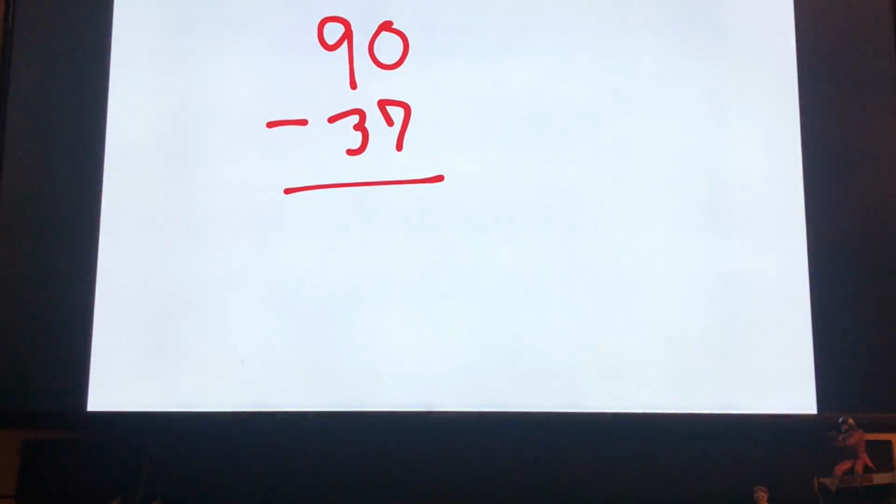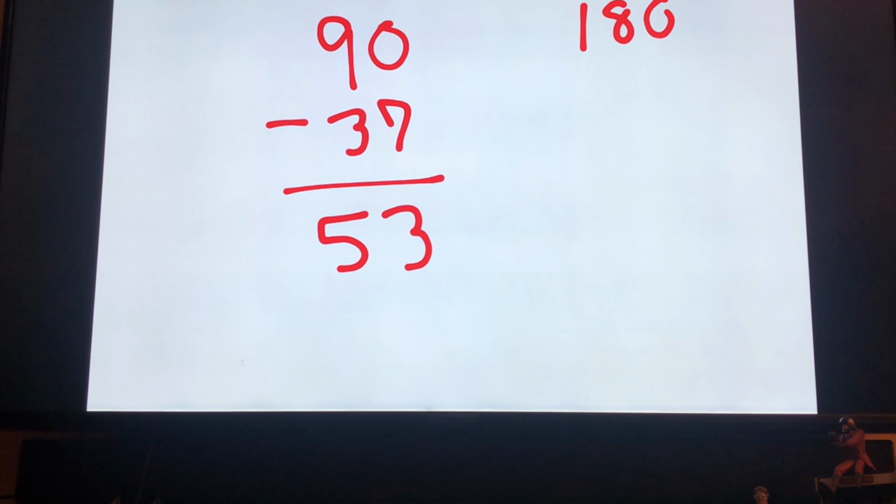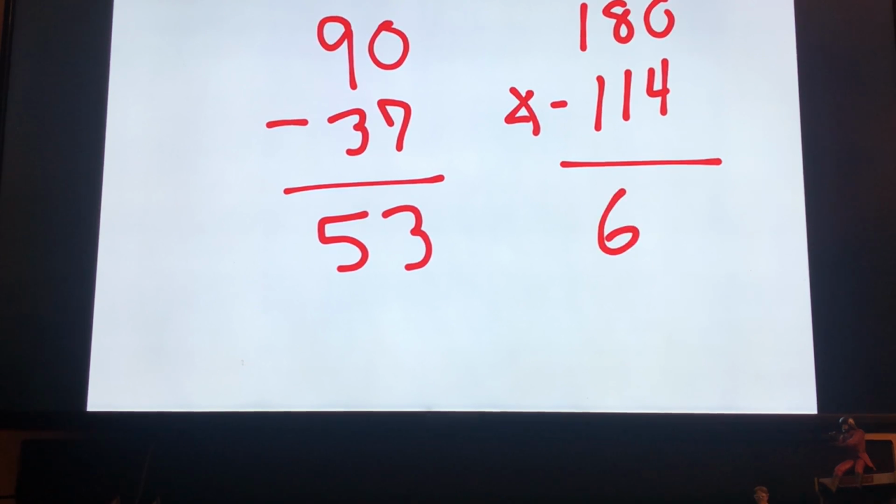And what does that give us? 53, right? Now, number 2 says that we have a supplement of 114. Supplement, 180. What was our given angle? It was 114. We subtract that and we get 66. And that is your skill checks.